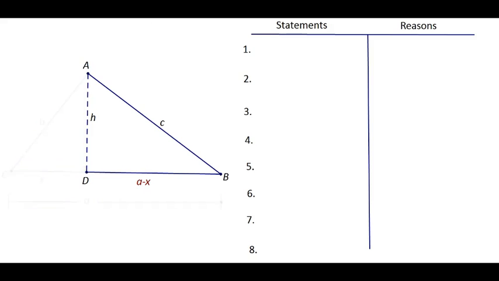First of all, we hide the left side and work with triangle ADB. That's a right triangle. We can apply the Pythagorean theorem to it, and that would give us (A minus X) all squared, plus H squared equals C squared. So you notice we've got A minus X all squared.